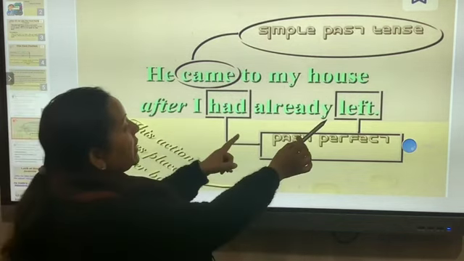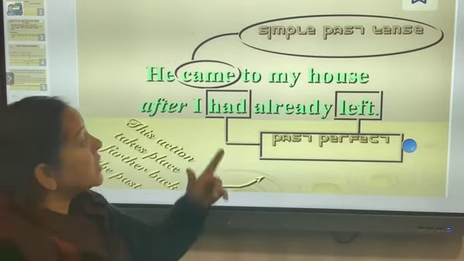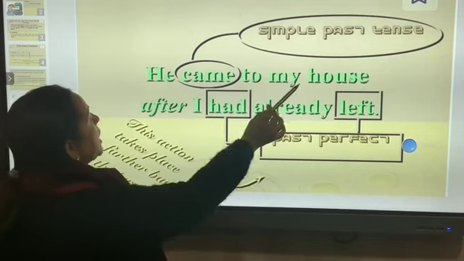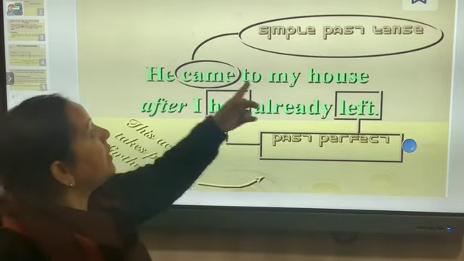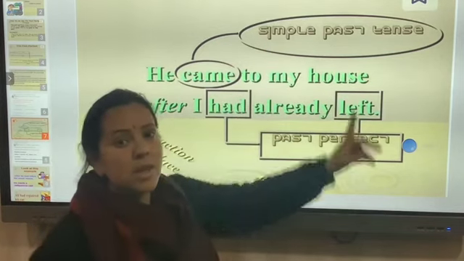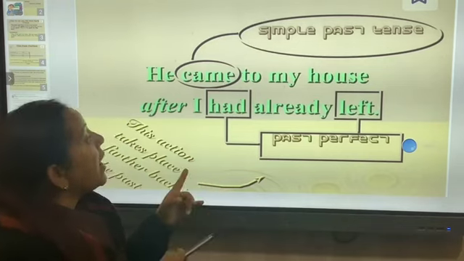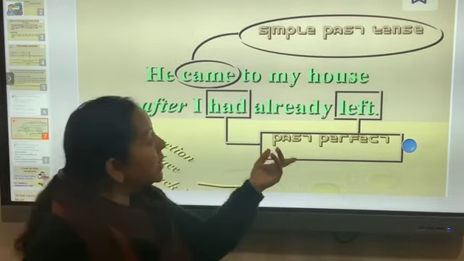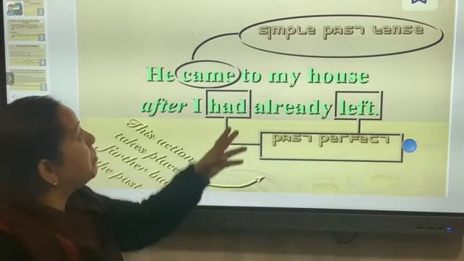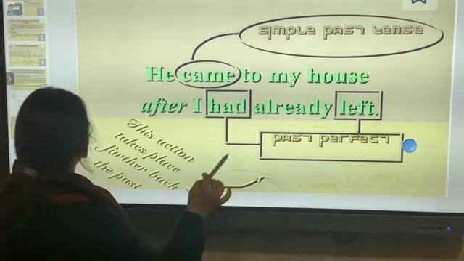I had already left is the earlier action and the earlier action is written in past perfect tense. He came to my house after is the later action and it should be written in simple past tense. So there are two actions and the earlier action should be written in past perfect and the later action should be written in simple past tense. So this is a complex sentence.